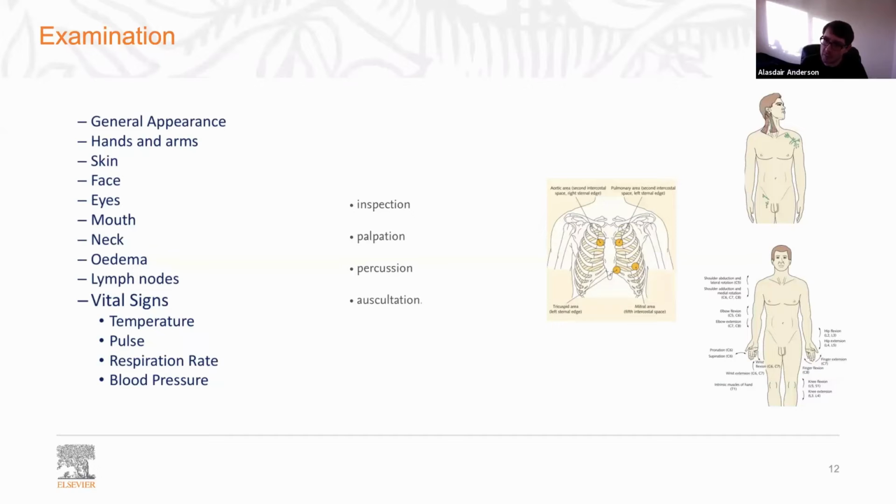Remember to always look at the patient and take that inspect, palpate, percuss, auscultate approach. Once you're good at doing a basic general examination, then you can start to build into it specific examinations like a cardiac examination or a chest examination or a musculoskeletal examination. But it's really important to get the basics right and build on them.